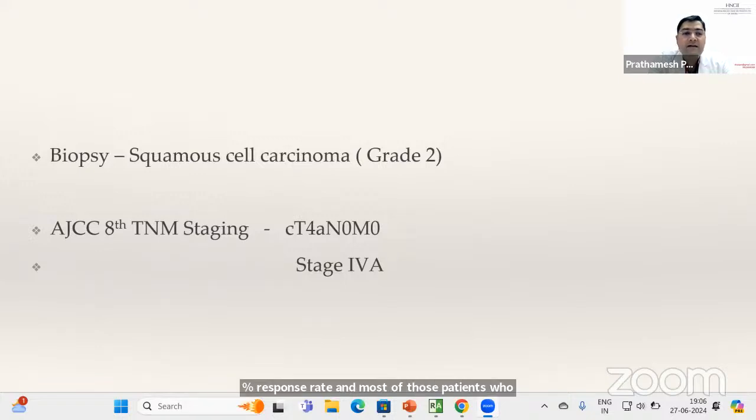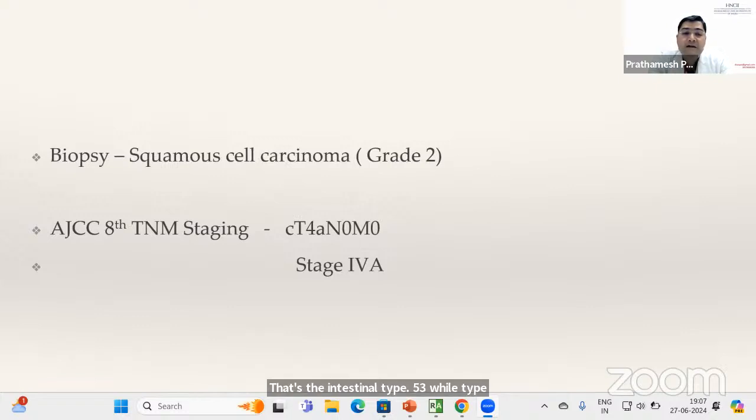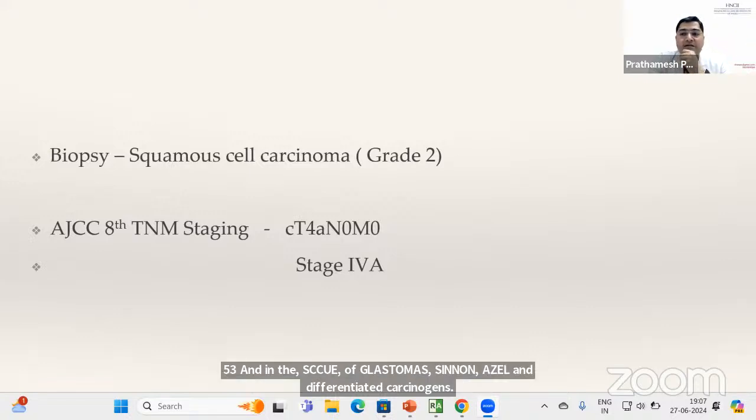Now, in the literature, you are seeing chemotherapy being used for squamous cell cancers, for adenocarcinomas, the intestinal type adenocarcinomas, which are P53 wild type, and in esthesioneuroblastoma and sinonasal undifferentiated carcinomas. So in the last 10 years, we are seeing a sea change in the way we are managing these.